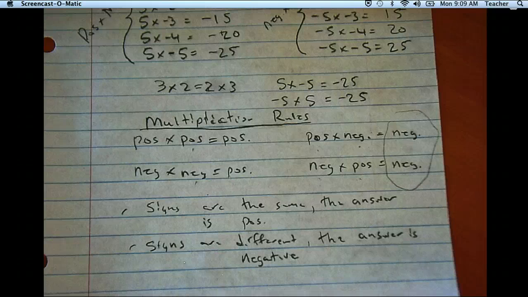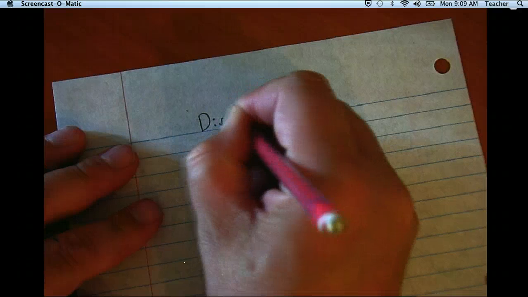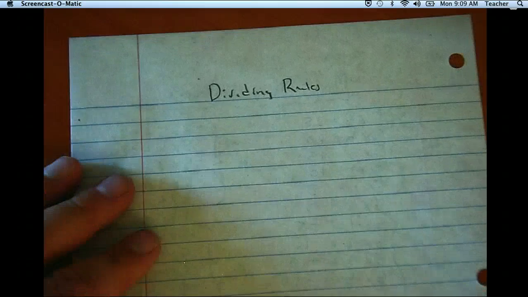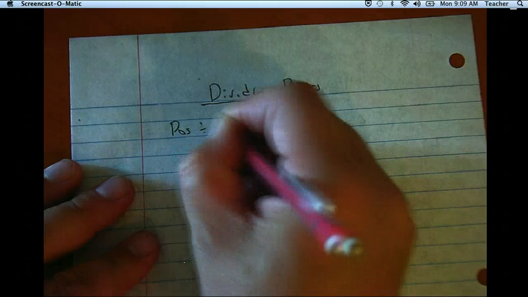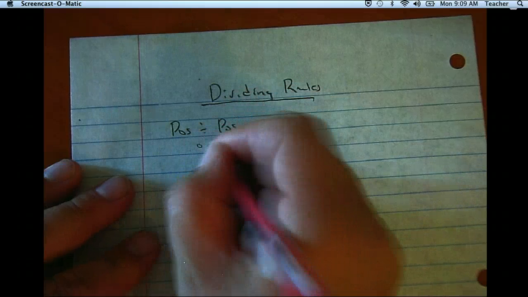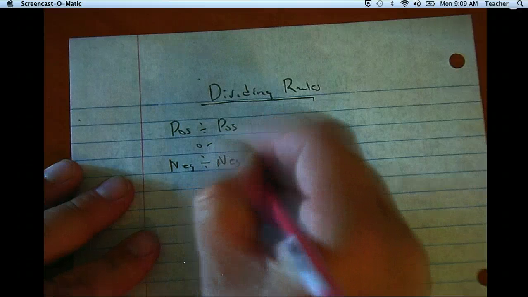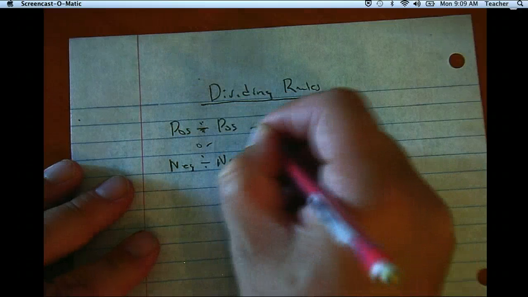As it turns out, dividing integers have the exact same rules. And I'm going to show you that tomorrow. But the key for you to know today is this. And I'm going to flip over my page. When I have dividing rules, a positive divided by a positive, or a negative divided by a negative, they're both going to be positive answers.